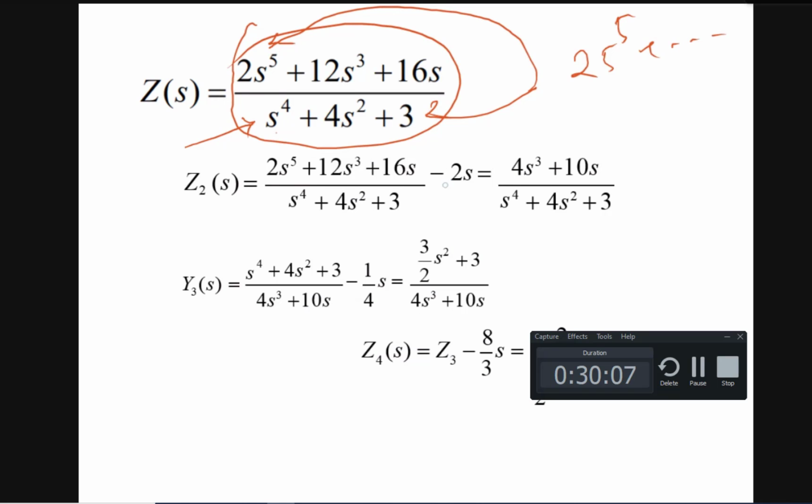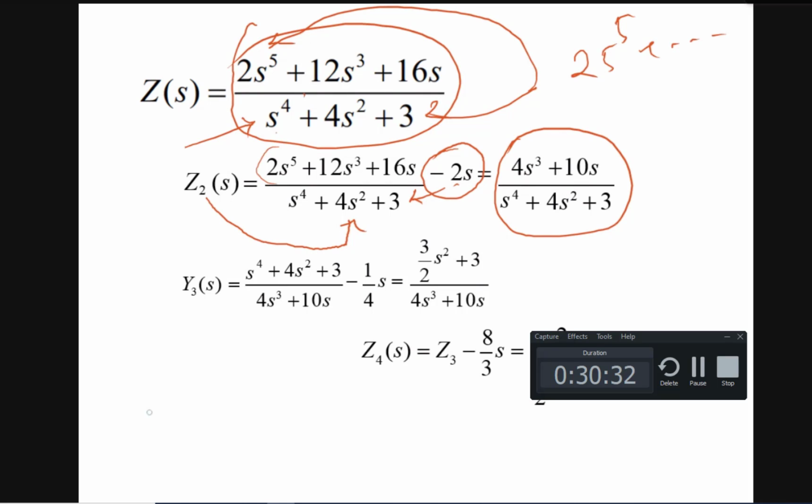So that's why if you do minus 2s from Z of s, the first term will go. So minus 2s into this, the denominator comes into picture. So when you take LCM, this becomes like this. So Z2 of s is obtained from Z of s by using this.